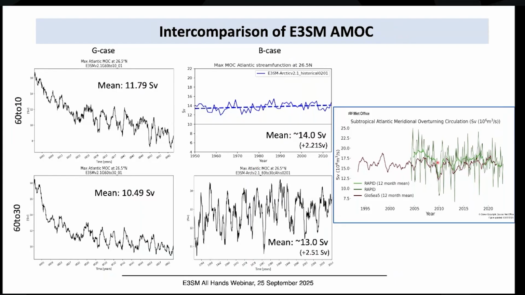And also on the right panel, I'm showing that ocean reanalyses compared to RAPID observations are commonly underestimating the strength of the AMOC by roughly about 1.5 to 2.5 Sverdrup, like it is shown here for the GLOSEA5 comparison with the RAPID time series.